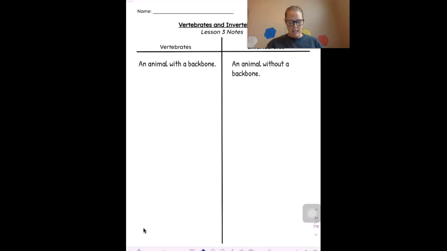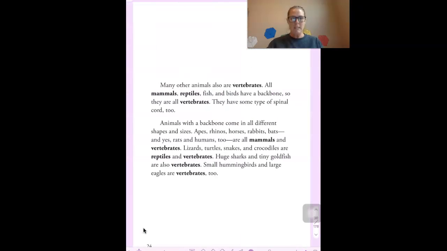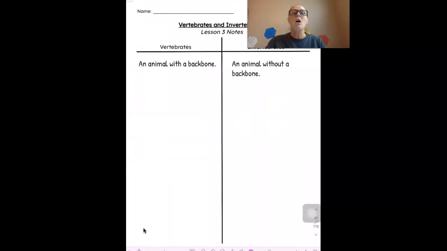On your note sheet, under the vertebrates that we were just learning about, from page 24, I would like you to write 5 animals from this paragraph right here, 5 animals that they mentioned that are vertebrates. Pause the video, look back in your reader, and write down 5 of those animals.